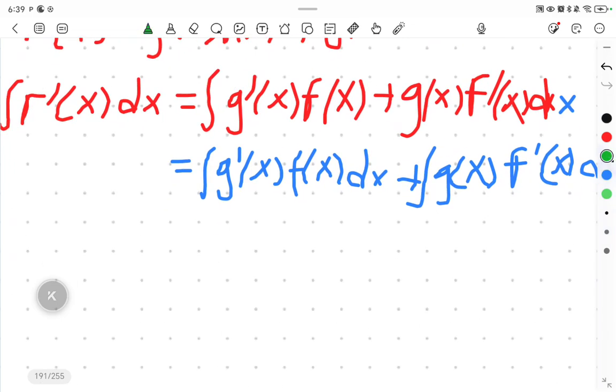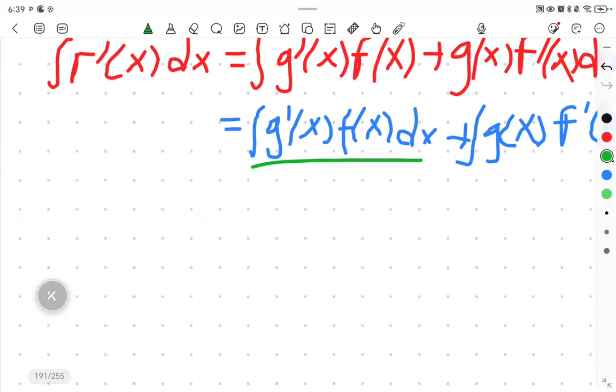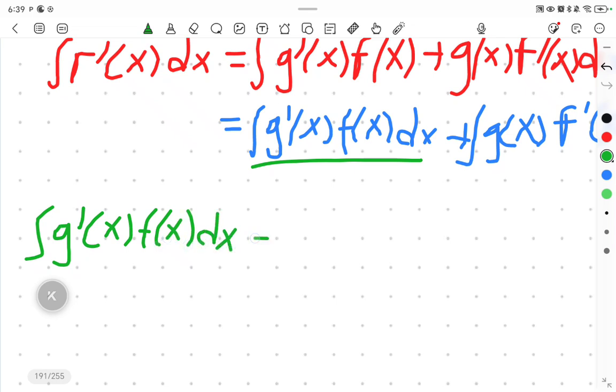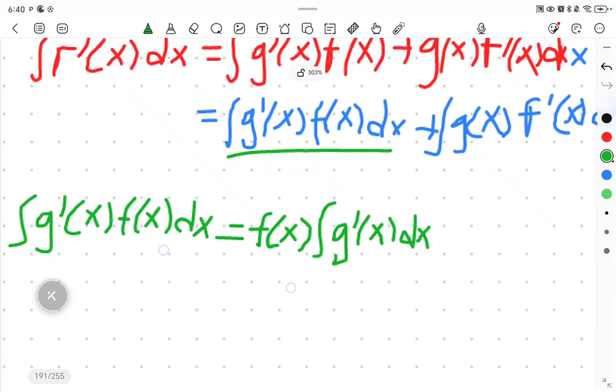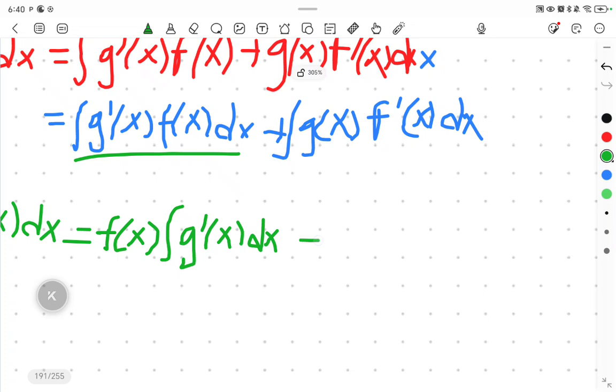If I focus on the integral of g'(x) f(x) dx, this will be equal to, I take out f(x) as a constant times the integral of g'(x) dx, minus, I write the same thing here.